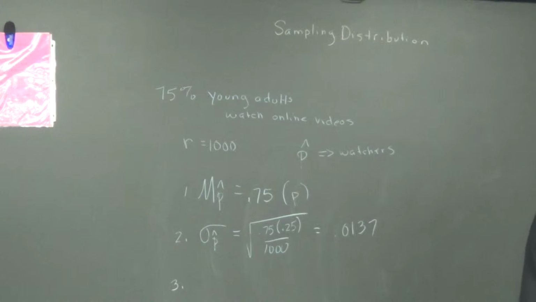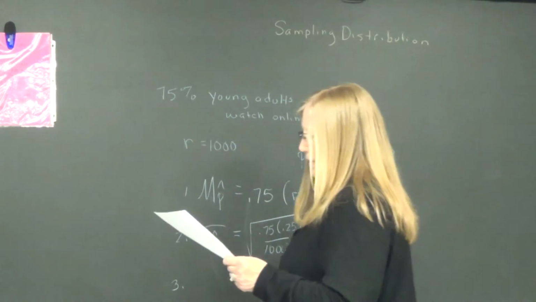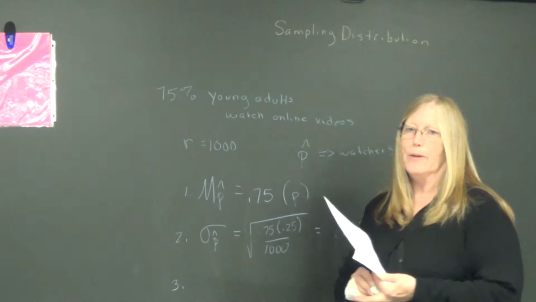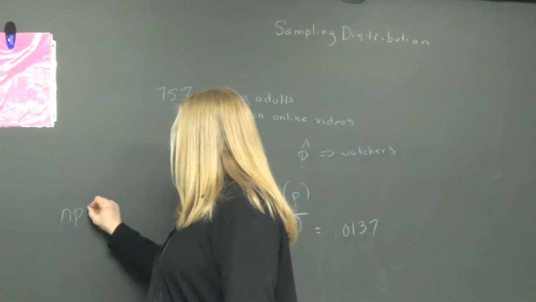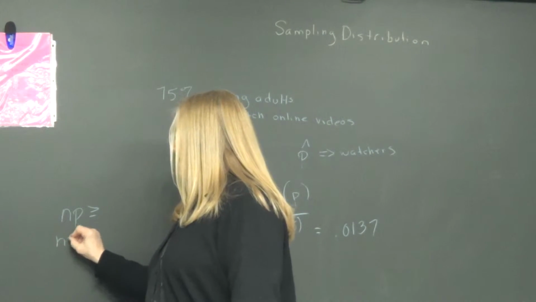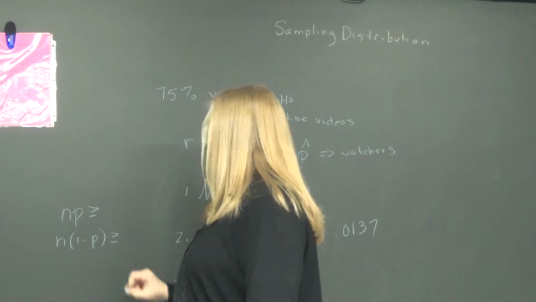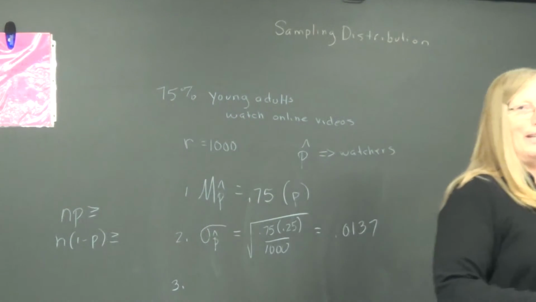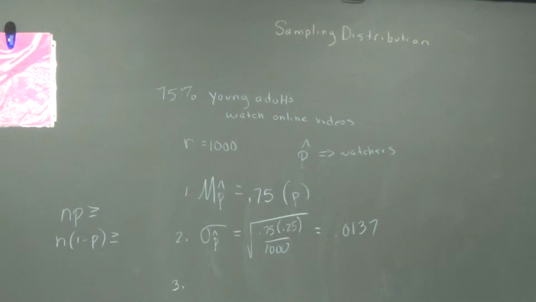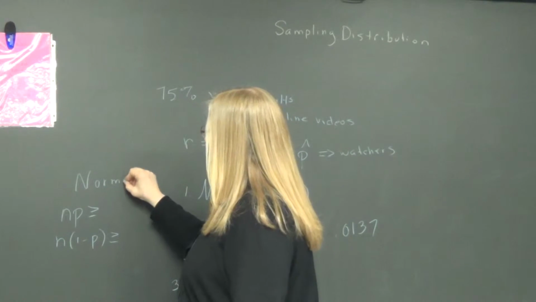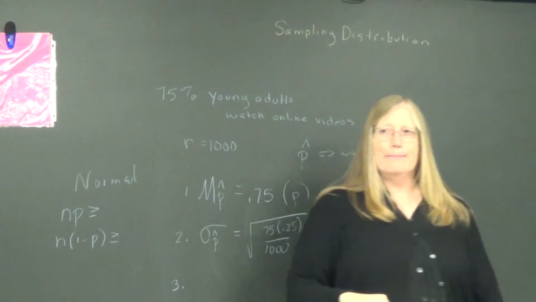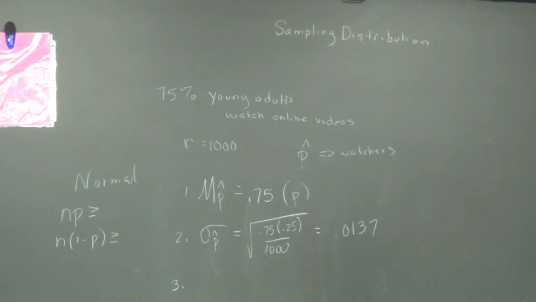Now we have to check for normality. Caleb, do you remember from last chapter how we check if a distribution can be used as normal? There were two things we had to check. np had to be greater than some number, and n times 1 minus p had to be greater than some number. We just had a test about a week and a half ago.